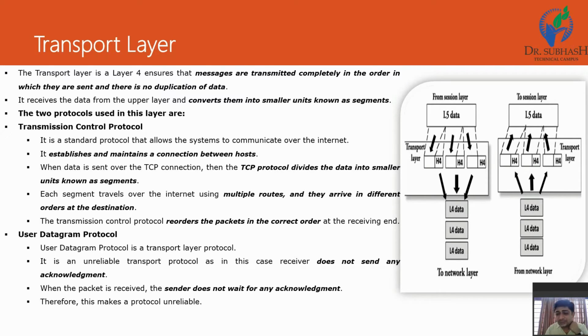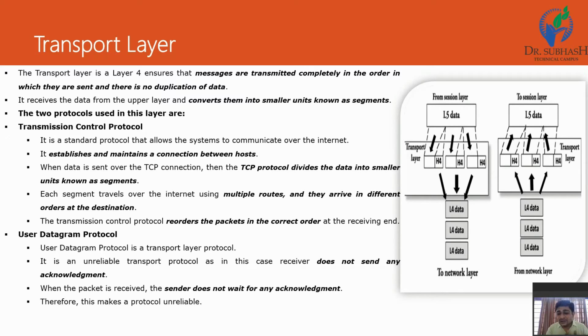But there is the problem, we have to rearrange in a proper sequence, otherwise packet C will arrive first, packet B will arrive third and packet A will arrive second. So A, B, C is not the proper sequence at the destination point.